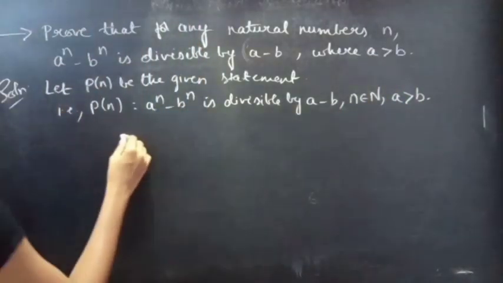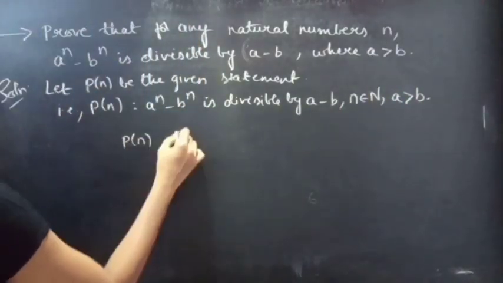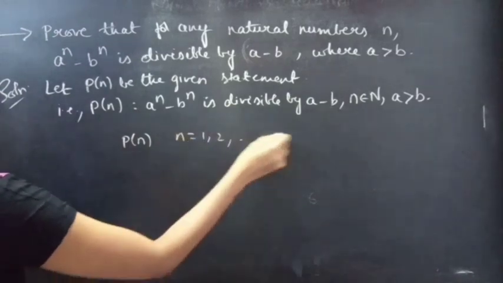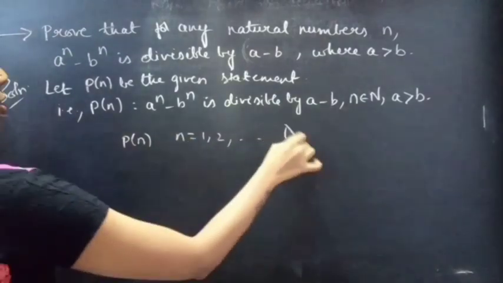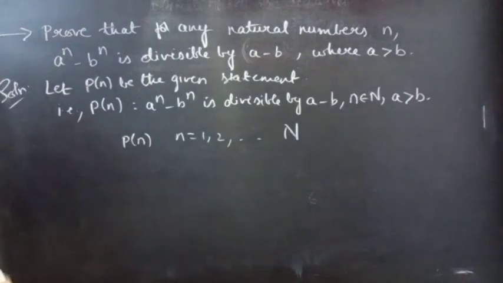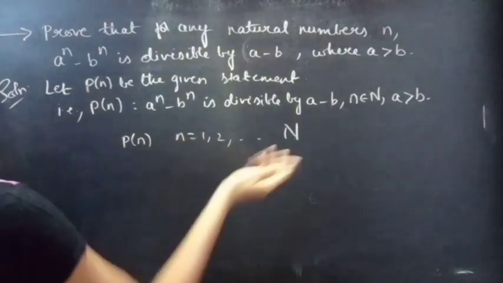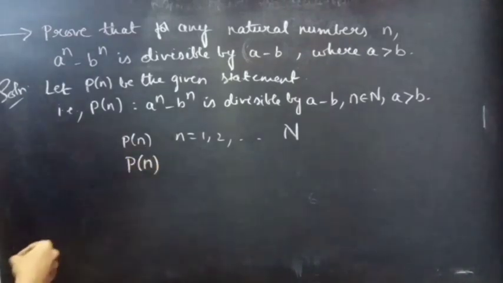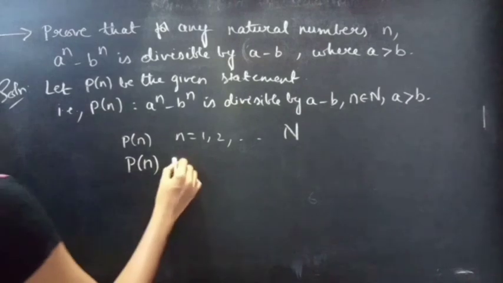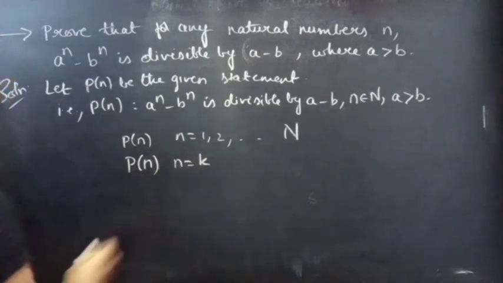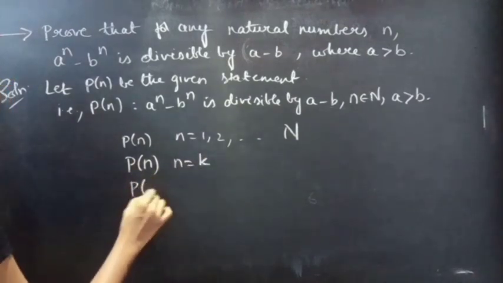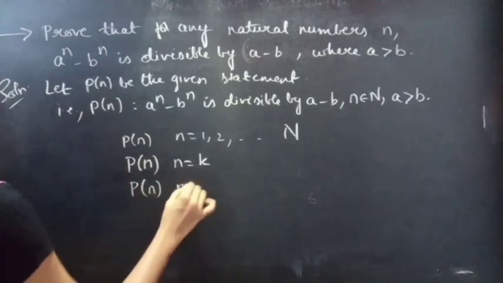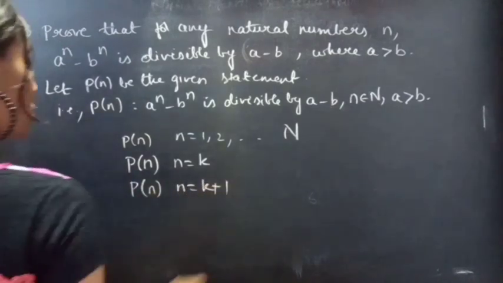So firstly we'll show that p of n is true for n equals 1, 2, and so on. We'll check whether p of n is true or not for n equals 1, 2 and all. And we'll assume that p of n is true for n equals k, and later we'll prove p of n is true for n equals k plus 1.